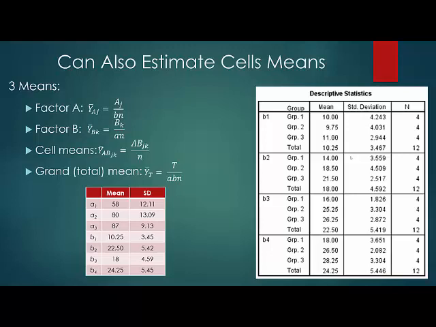And so this would be the B sub 1, B sub 2, B sub 3, B sub 4. Divide any one of those overall sums with any type of professional development by A. That's the number of levels that we have within factor A. We have 3 levels within factor A. And again, we multiply that by how many people we would have there. That would be 4. So again, 3 times 4, that would be divided by 12.